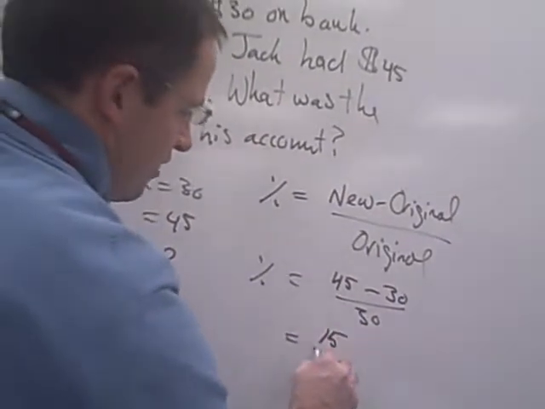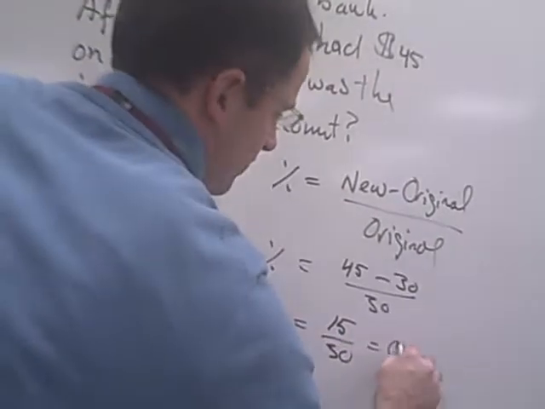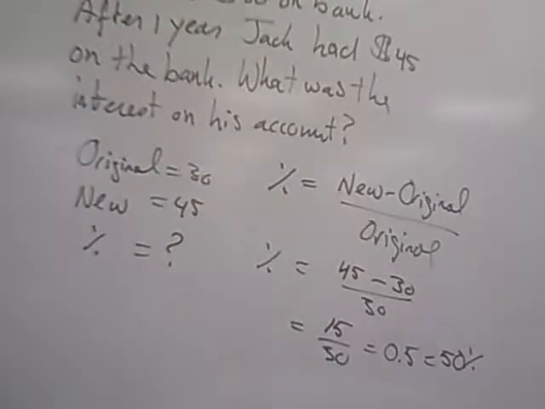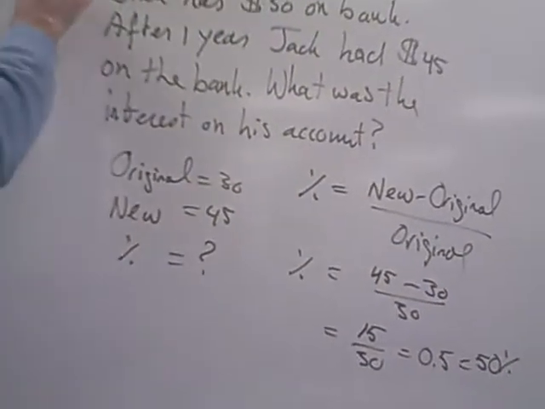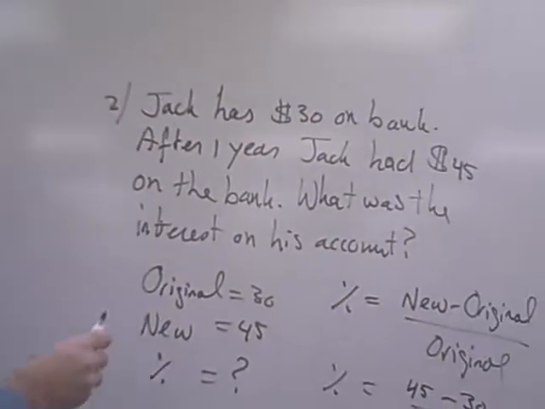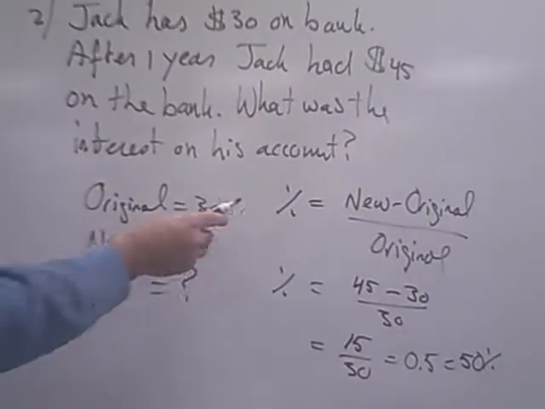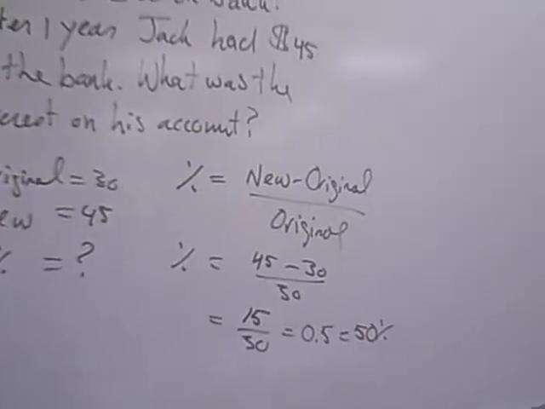And I get 15 over 30, which is 0.5, which is 50%. This is the second type of problem, in which we're given the original number, the new number, and we're looking for the percentage. We must use this formula.